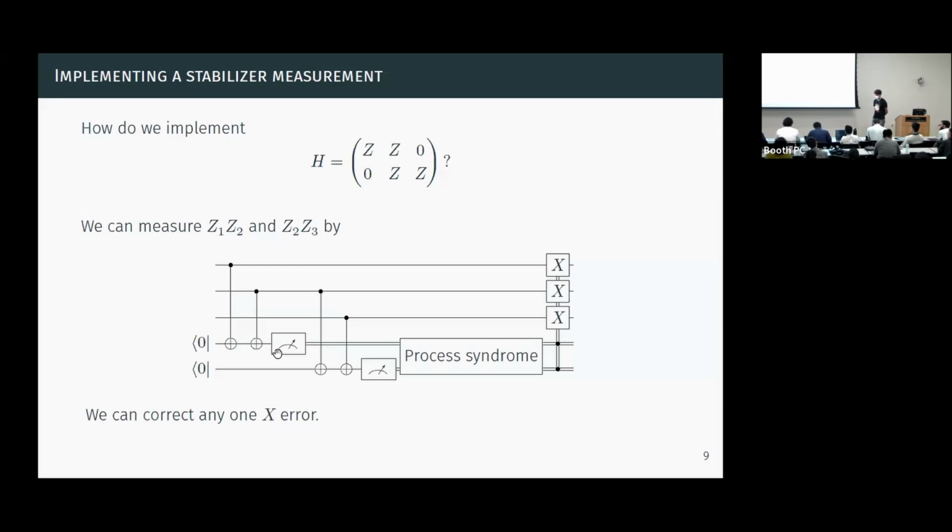So what do you actually do? What does it mean to have these bit flips at the end of the process? So in the simplest setting of error correction, you do the measurement. It goes through a wire to the classical computer. It does some number crunching. Then through another wire or some control mechanism, it tells the quantum computer, hey, apply X1 to this qubit.